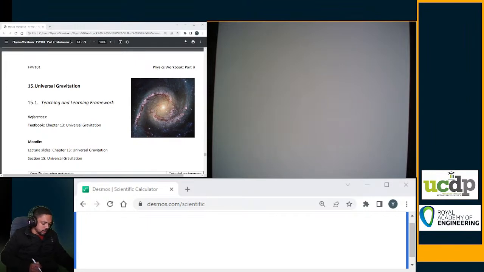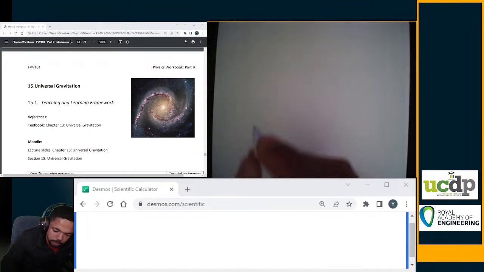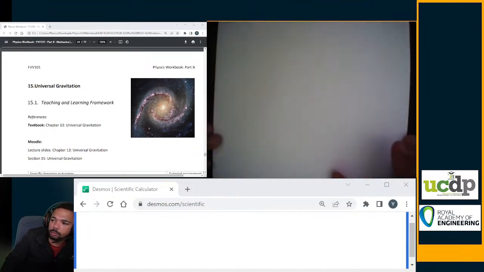Calculate the gravitational force on the object of mass m2. There are no problems here on this universal gravitation, so I will be giving you the problems via a drawing. I'm going to draw the system and then we're going to work from there.